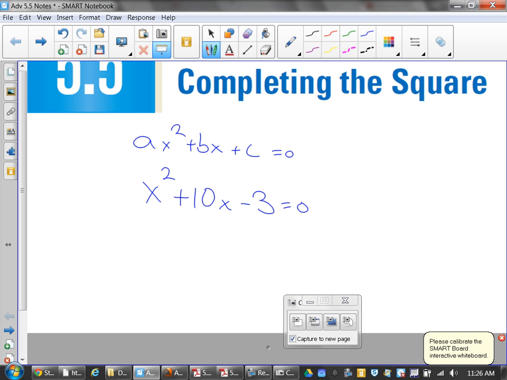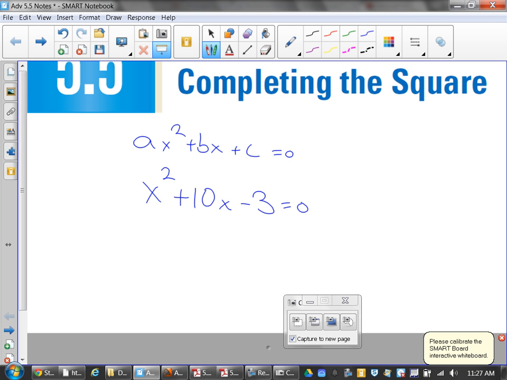So this is where completing the square comes into play. Completing the square along with using the quadratic formula are two methods that will always work. Working with the quadratic formula, which we'll do maybe a little bit tomorrow, depends on our time, can get time consuming because there's a lot of numbers going on and a lot more simplifying via the radical than you probably need to worry about.